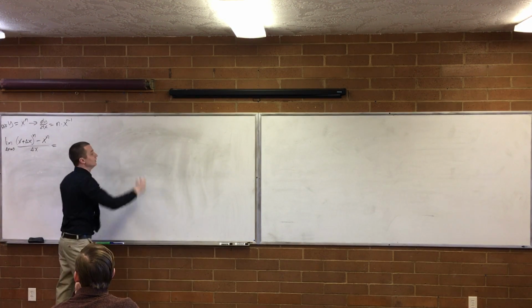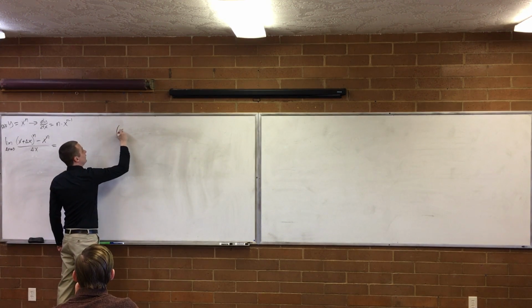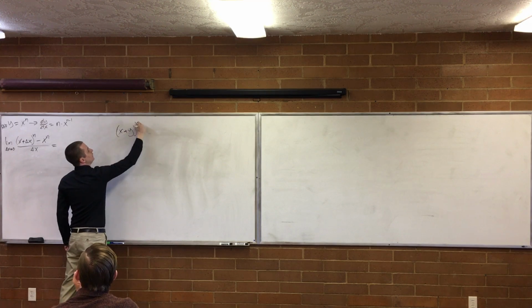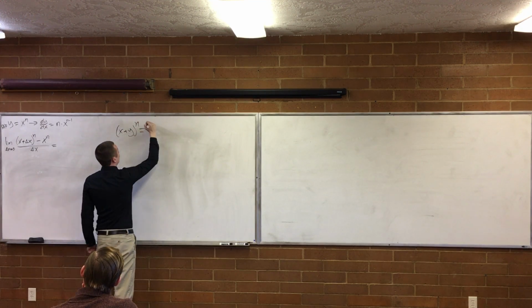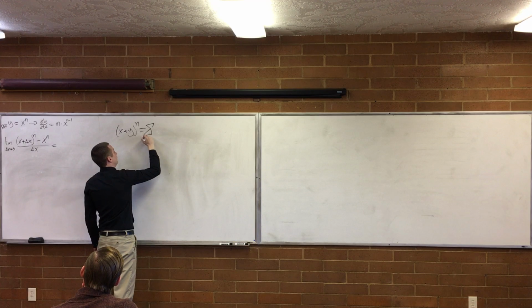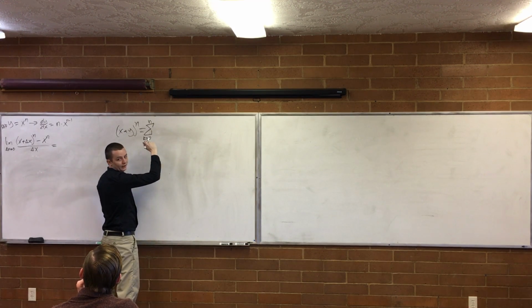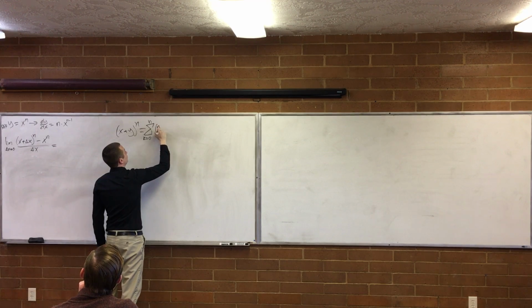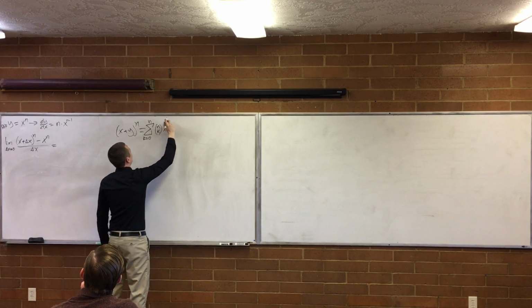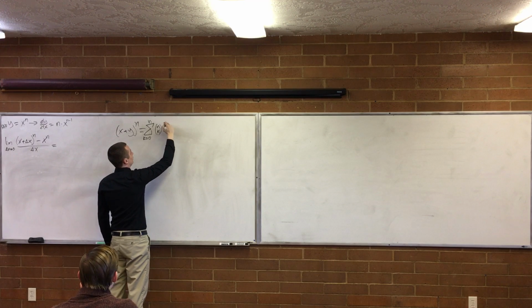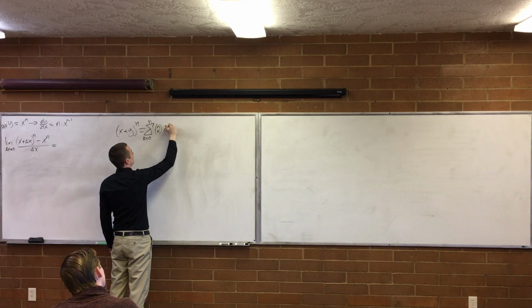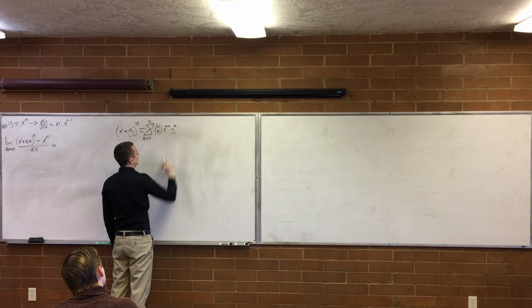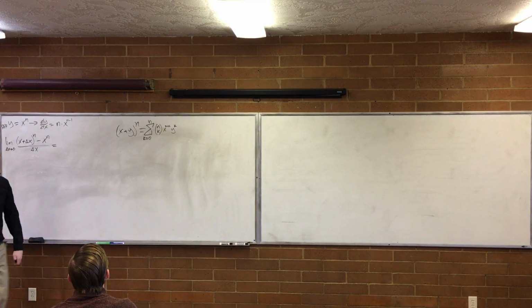One of the first things we went over: x plus y to the n is equal to the sum as k equals 0 up to n of n choose k times x to the n minus k, y to the k. Binomial theorem, one of those basic theorems in all of math.